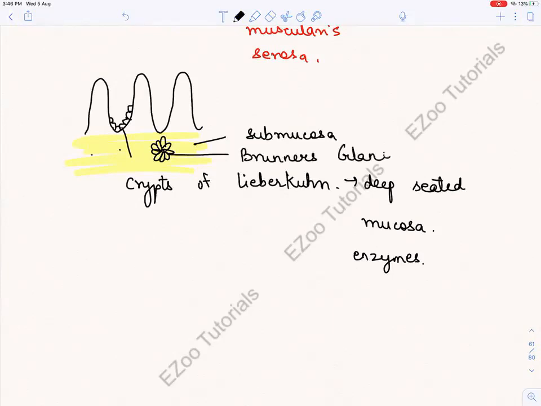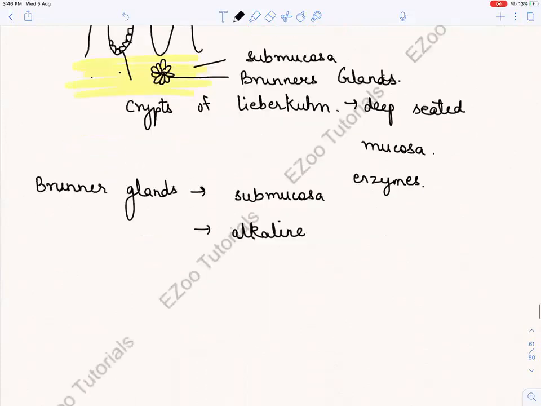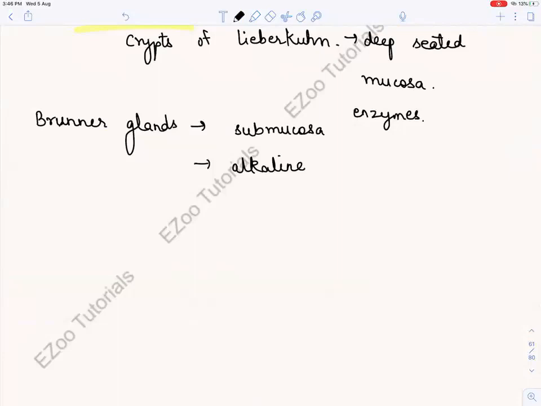Brunner's glands are present mainly in the submucosa. Their secretion is alkaline. And why is it alkaline?